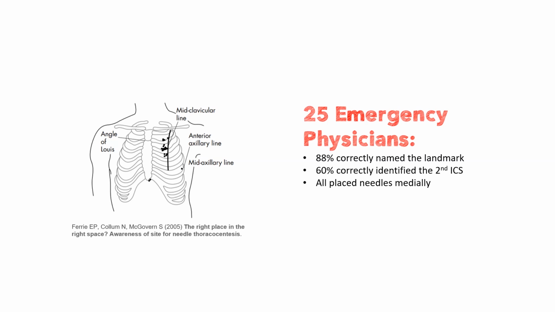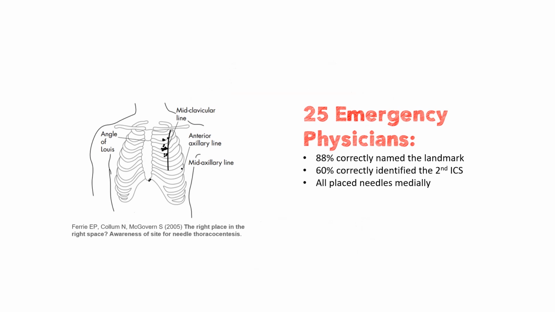But I would argue that if you polled your paramedic or nursing colleagues, you would find similar findings. We don't appreciate that the clavicle actually extends all the way to the shoulder, and we think that it stops short of the armpit, so it kind of makes sense for most needle decompression sites to be too medial.